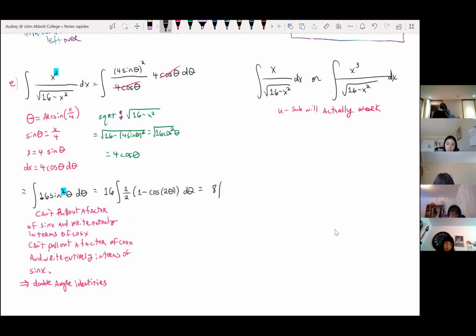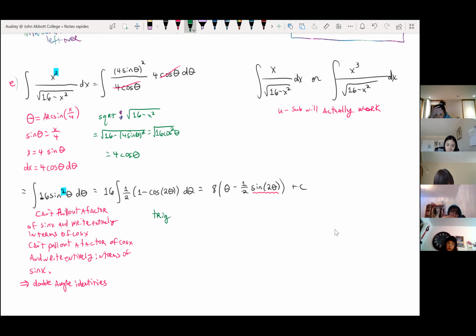I'm going to have this as 8 times theta minus 1/2 sine of 2 theta plus c. And this is where our half angle identity is going to come into play. This sine of 2 theta, I want to replace with x's. So how do I replace sine of 2 theta with x's?